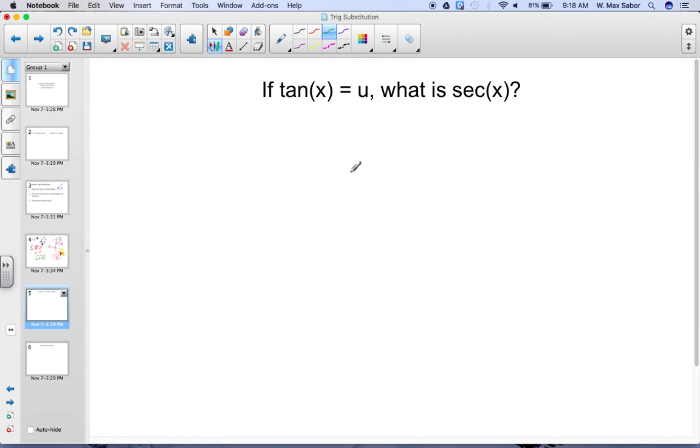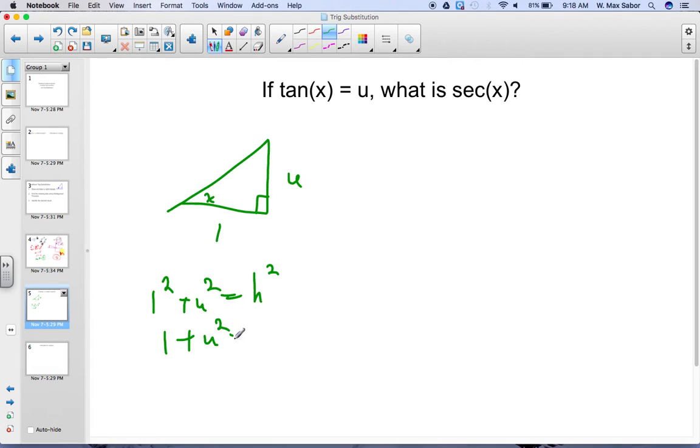If tangent of x equals u, then we have a triangle with x there, then it's u over 1. By Pythagorean theorem, we can say 1 squared plus u squared equals the hypotenuse squared. So 1 plus u squared equals h squared, and we can say square root of 1 plus u squared equals our hypotenuse.